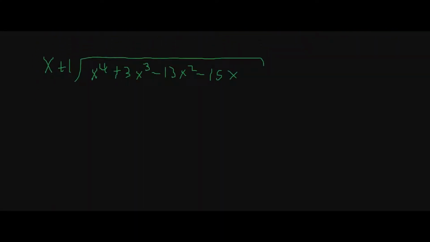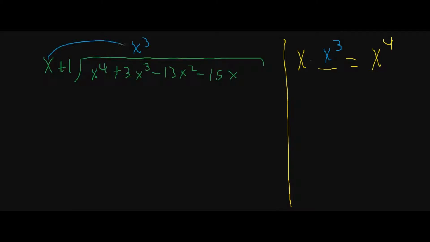Now, just like before, I'm going to put my line here and we begin like we always do. x times what gives me the first term right there, which is x to the 4th power? Well, that's going to be x to the 3rd.